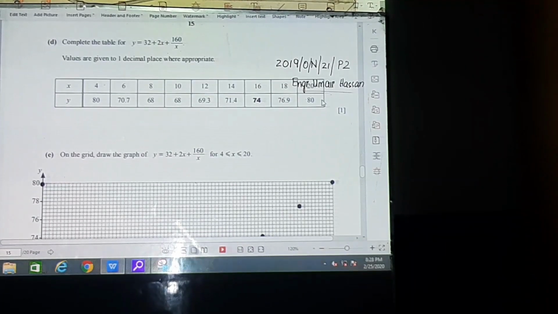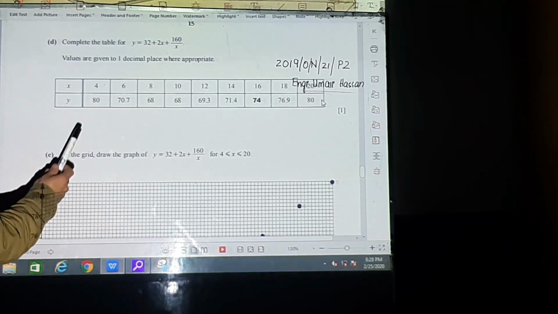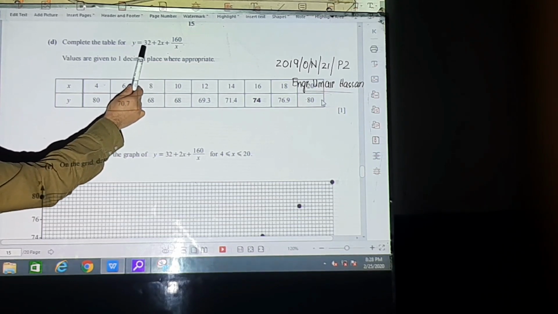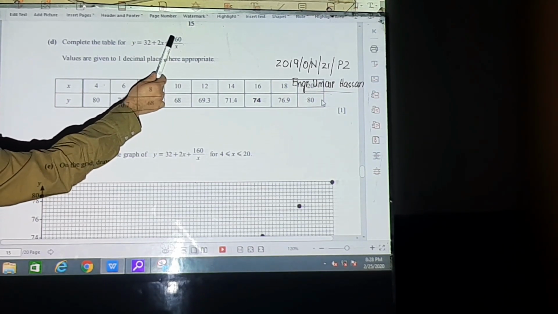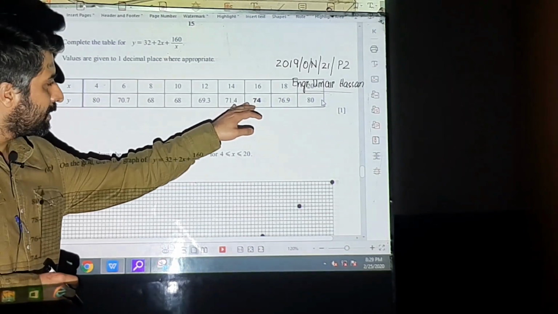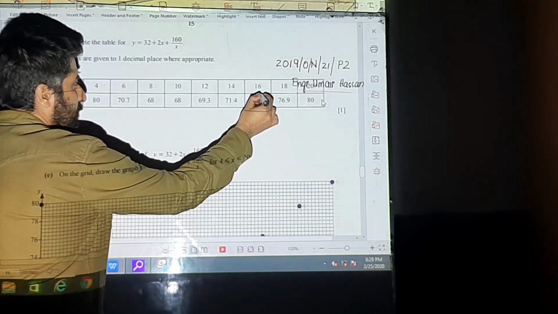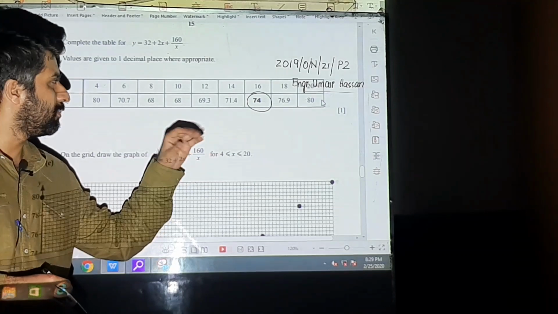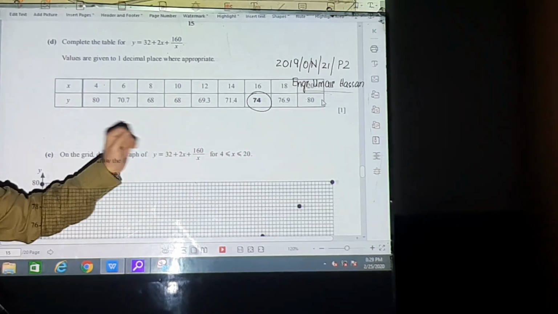Okay, part D for this question says that you have been given a table and you have to complete the table for y is equal to 32 plus 2x plus 160 over x. You need to basically fill this value. This was not given over here, however I have found out this value. How have I obtained it?